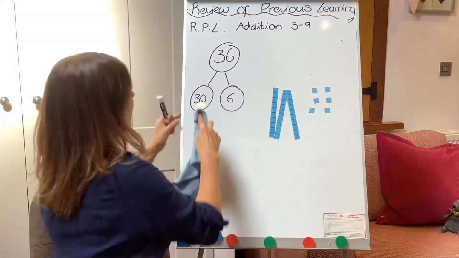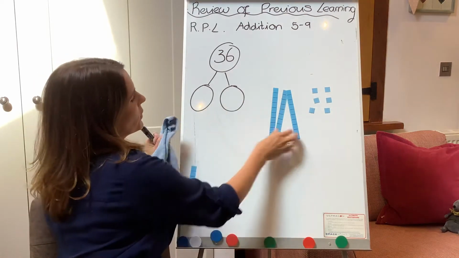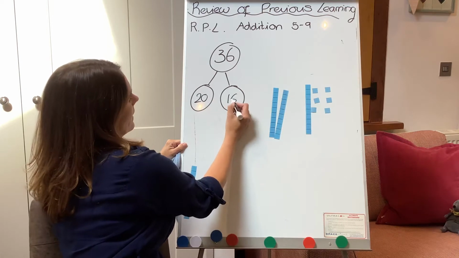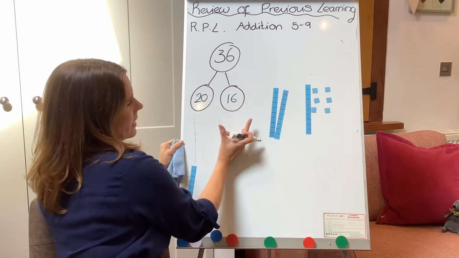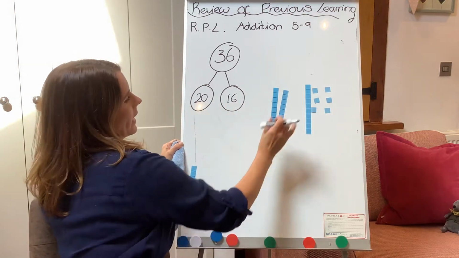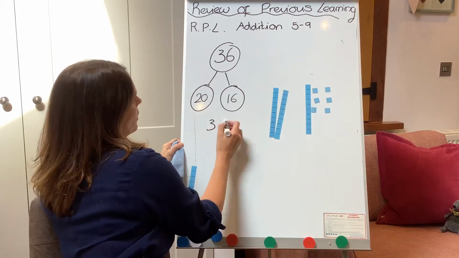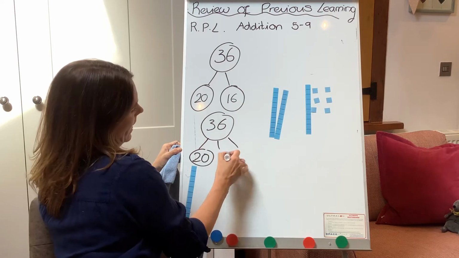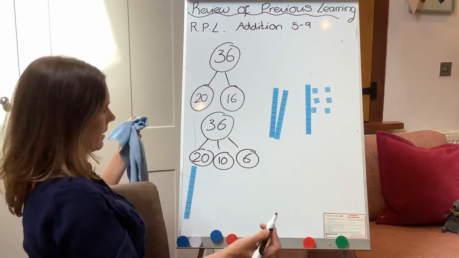Could we do it another way? Yes, we could. We could do 20 and 16, so we can have 20 and 16 ones, or 20 and 10 and 6. So we could see it as 20 and 10 and 6.